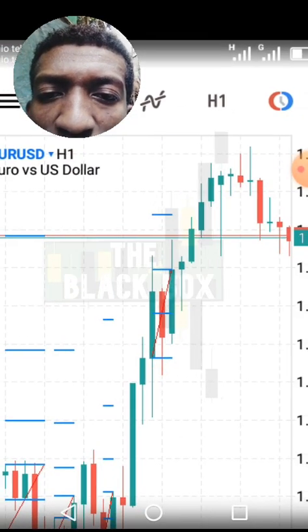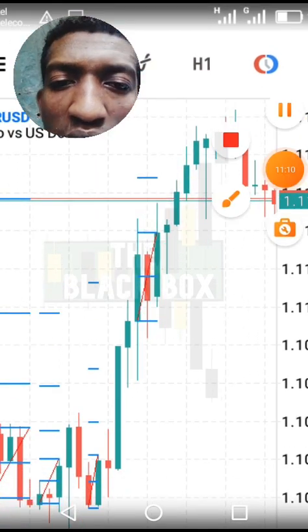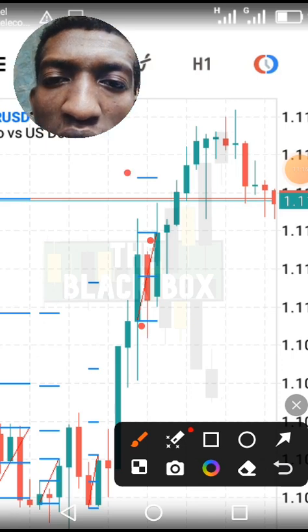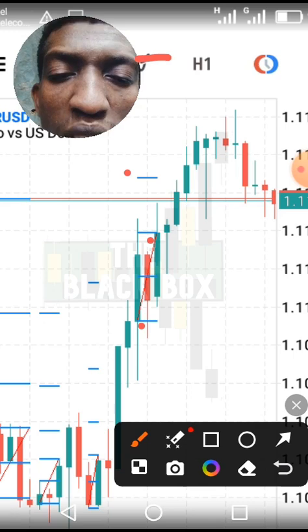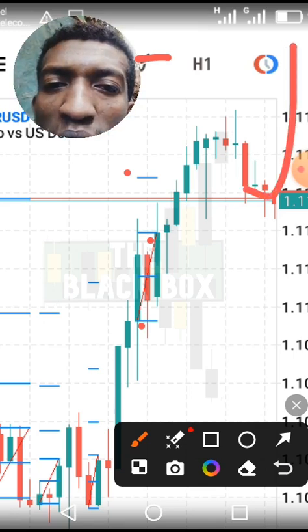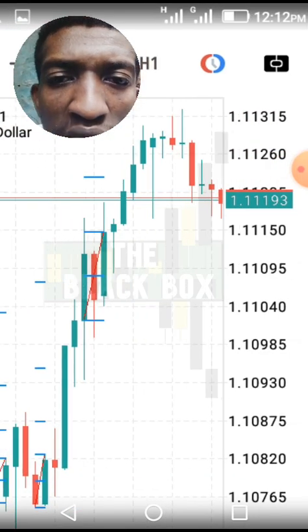I measure from the body to the body, then TP1 is here, TP2 is most likely up there, which means this price has a possibility to go up.